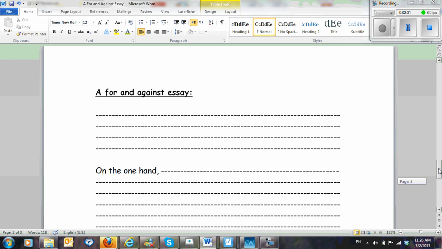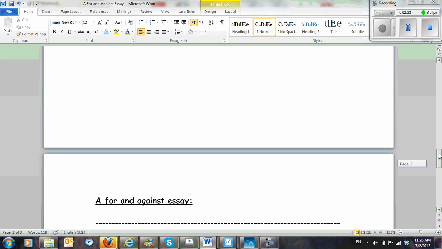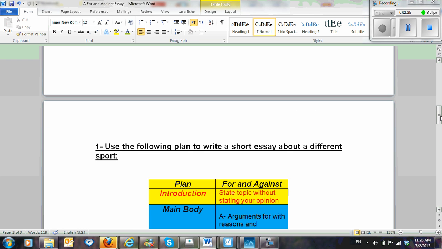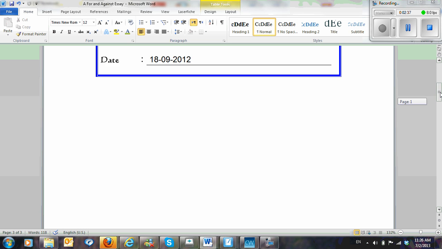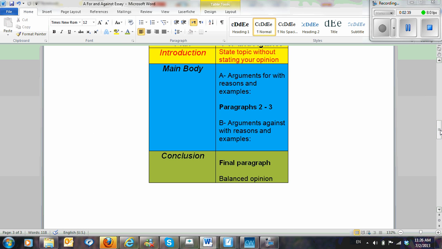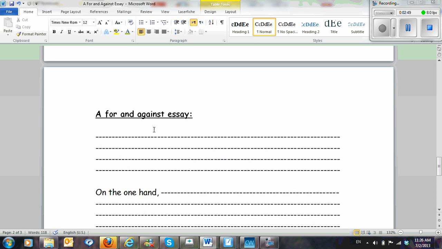So let's give you a concrete example. If I give you this topic here, for example, do you think athletes should be given high salaries? I mean, athletes, sportsmen, and sportswomen should be given high salaries. Here in the introduction, you have to state the two opinions. Some people believe that athletes should be given high salaries, while others are against.